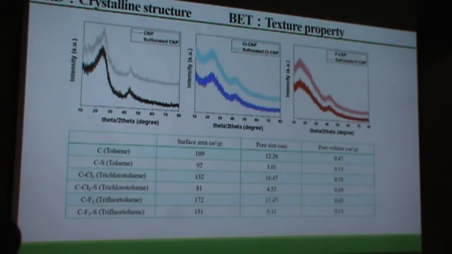And from the BET analysis, we see that the surface area is between 80 to 150 square meters per gram, and the pore size is about 5 to 20 nanometers.